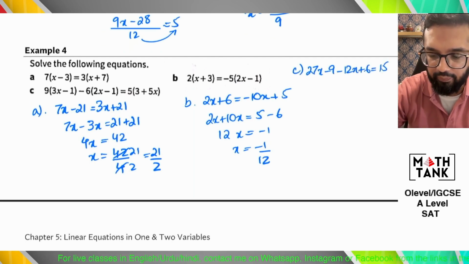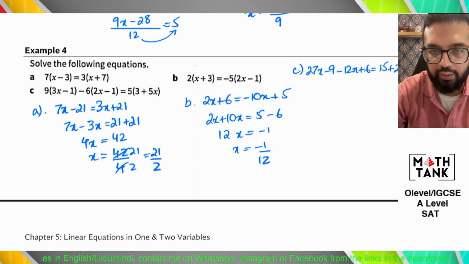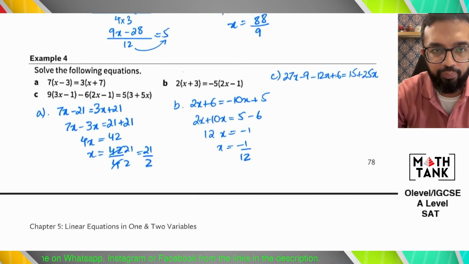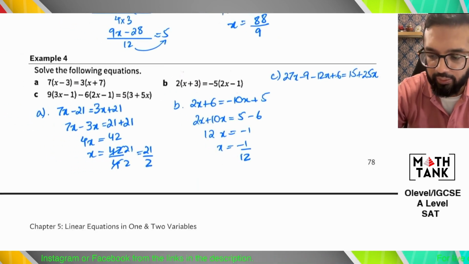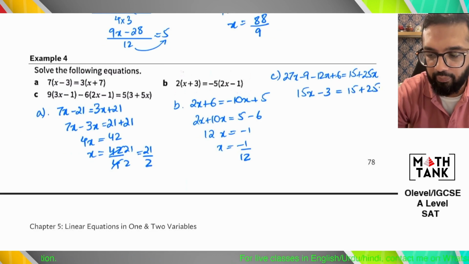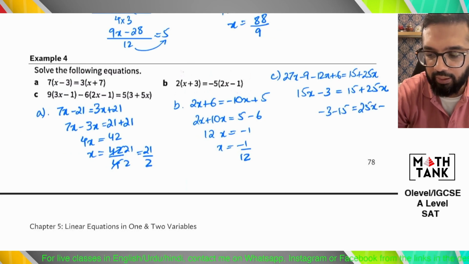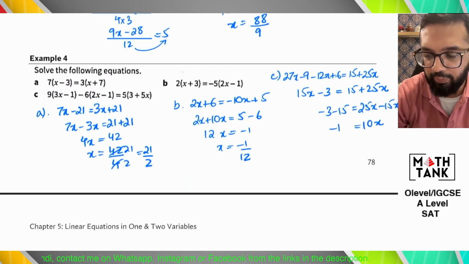And that gives me 15 plus 25x. Let me zoom out a little. That one is the wrong one. So 27x minus 12x is 15x minus 3. So that gives me 25x minus 15x. So that's 10x. That's minus 18.